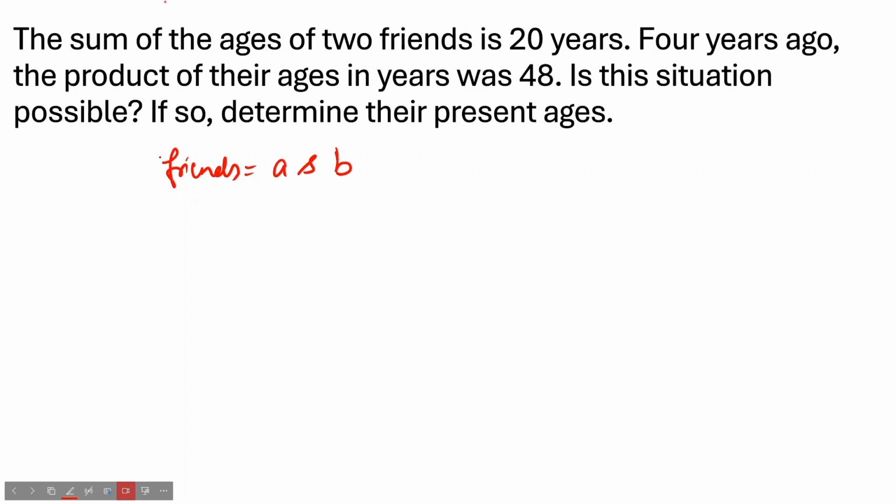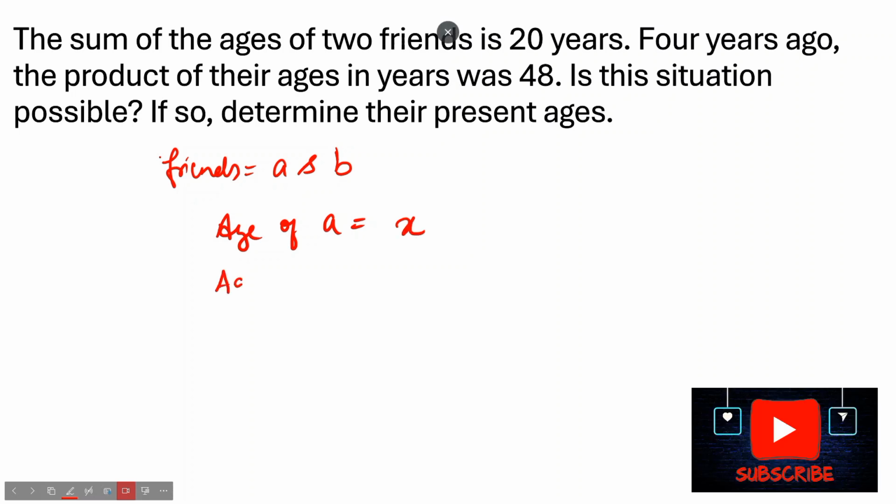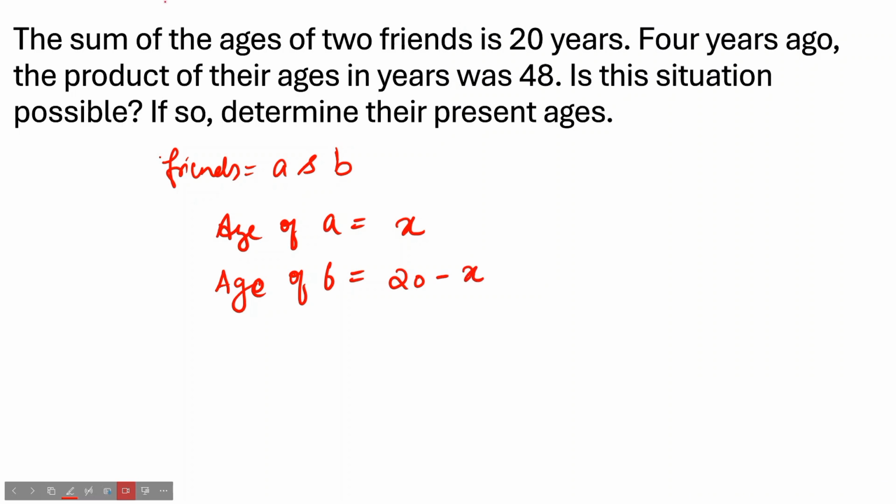So the sum of the ages of two friends is 20 years. If I'm taking the age of A equals x years, he's x years old, so definitely the age of B will be 20 minus x, right? Because their sum is 20. And 4 years ago, the product of their ages was 48.